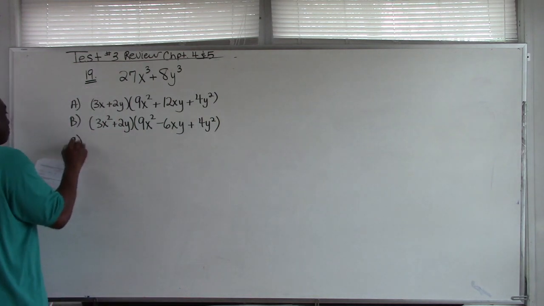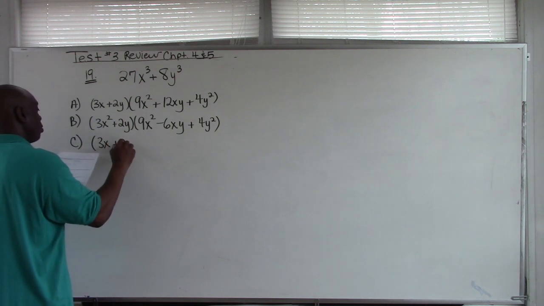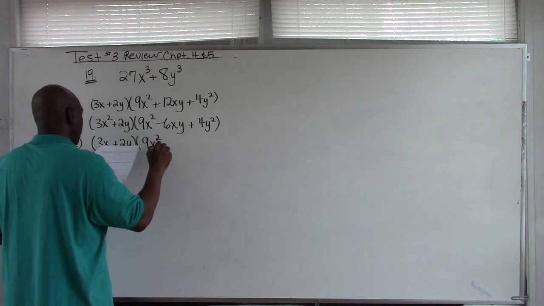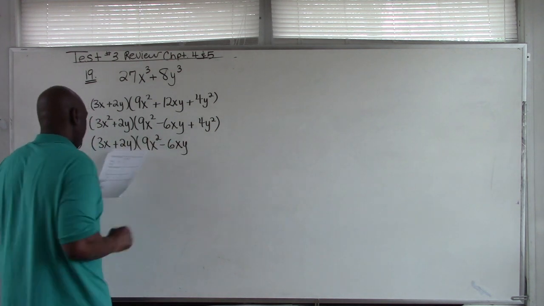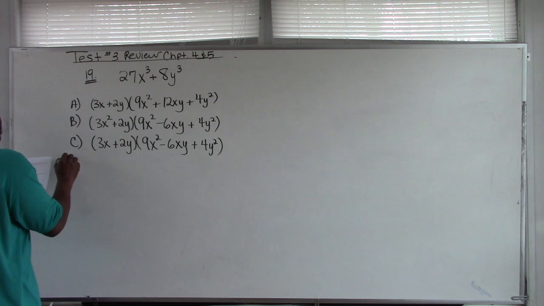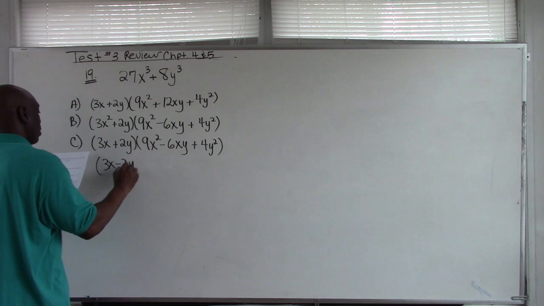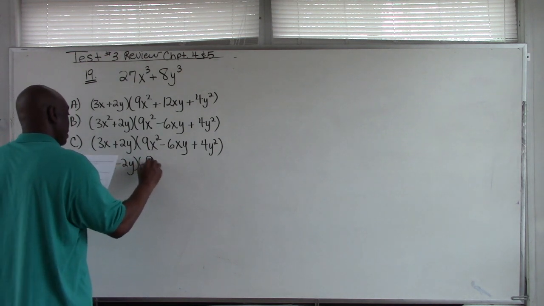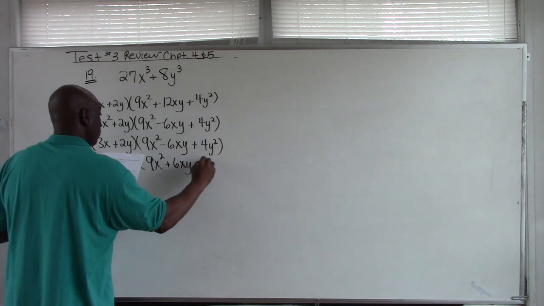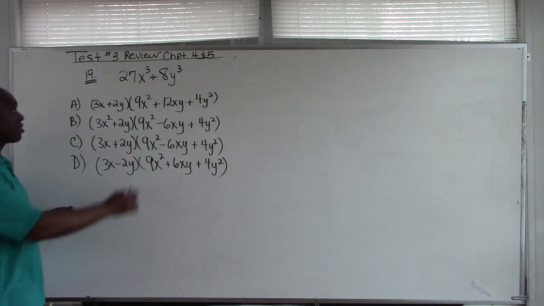It could be C, and C is 3x plus 2y times 9x squared minus 6xy plus 4y squared. Or it could be D, and D is 3x minus 2y times 9x squared plus 6xy plus 4y squared. Okay, so here's the question.